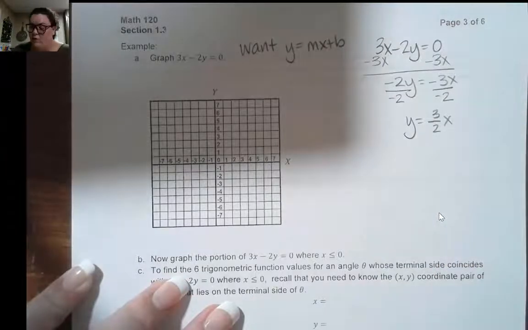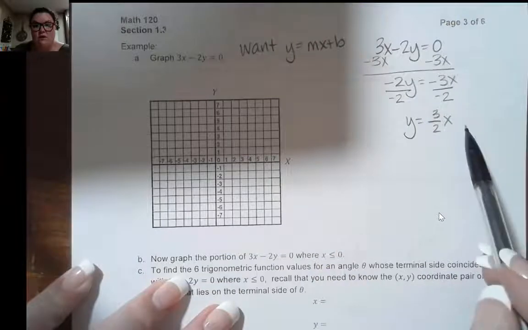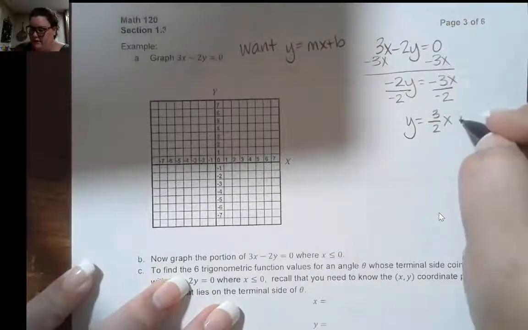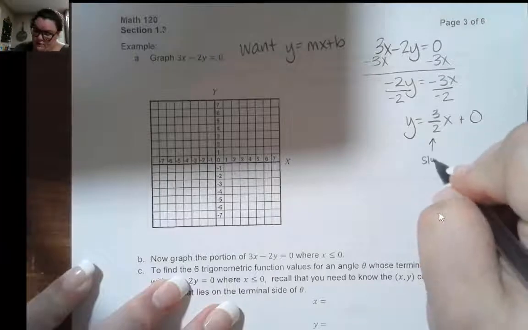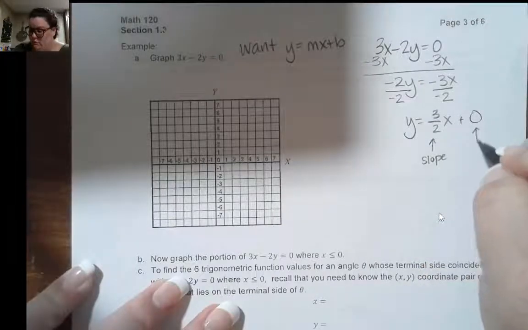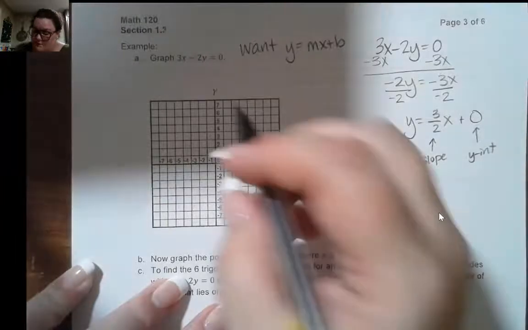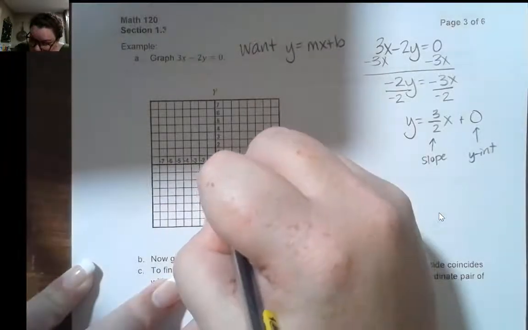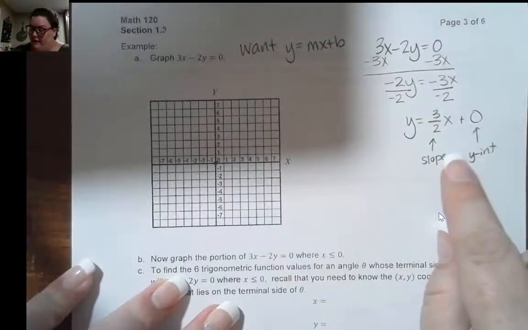Or if I want it written like y equals mx plus b, if I don't have another term out here, it's like a plus 0. So this is my slope, and this is my y-intercept. My y-intercept crosses at 0, 0, so I'm going to go ahead and put my point there. And then I want to count my slope.